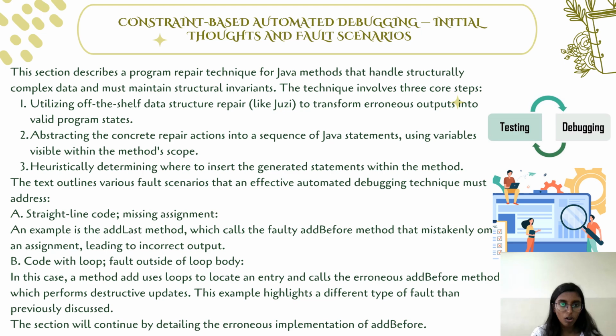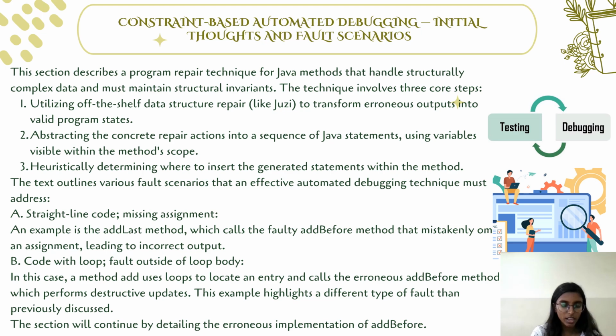First, utilizing an off-the-shelf data structure repair tool, like Juzi, to transform erroneous outputs into valid program states. Second, abstracting the concrete repair actions into a sequence of Java statements using variables visible within the method's code. Third, heuristically determining where to insert the generated statements within the method.